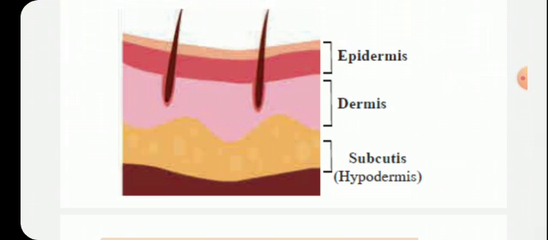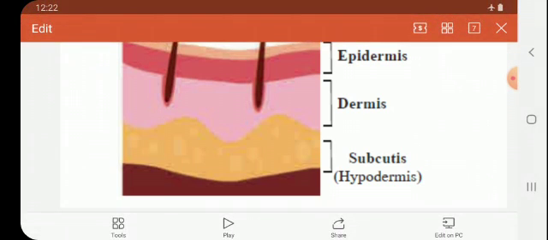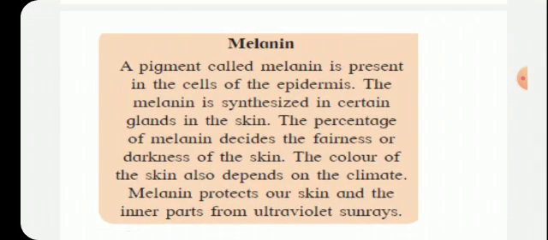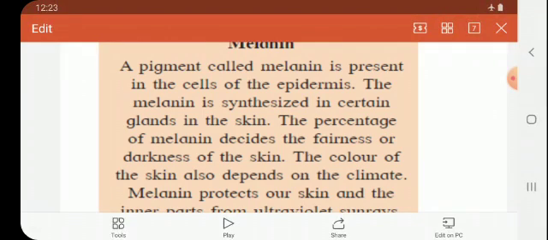Again, one important pigment is present in our body, that is called melanin. What is melanin? A pigment called melanin. Pigment means something which gives color. It is present in the cells of the epidermis. You know that epidermis is a layer present on the upper side of the skin, but this epidermis again contains a number of layers of cells.